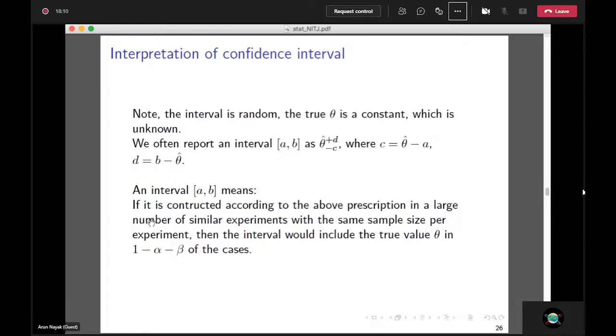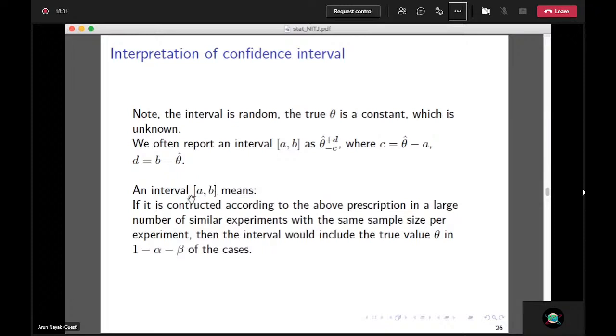As I said already, the interval is constructed according to the above prescription. So how do you interpret this interval A and B?